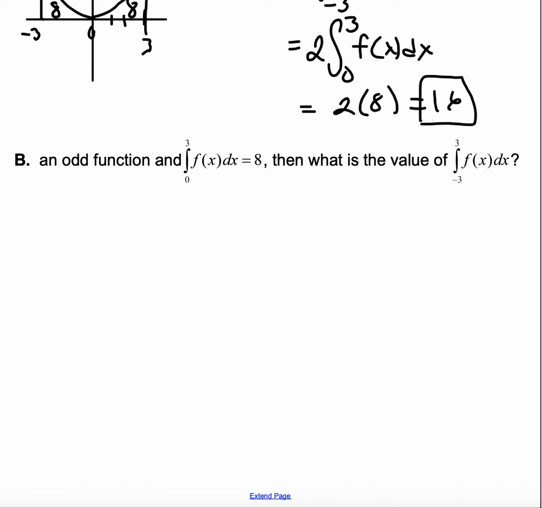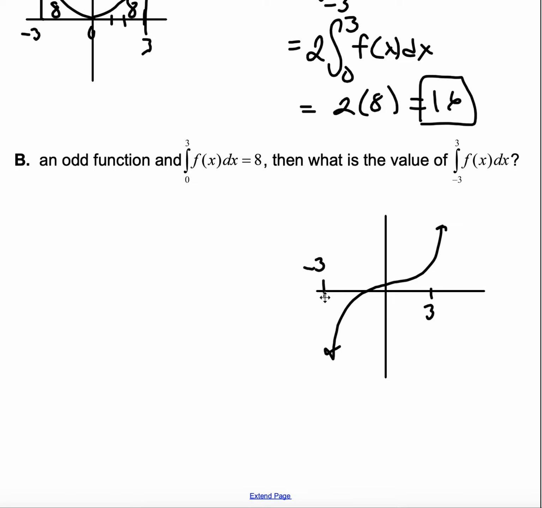Okay, for odd functions, what do we have? What if I was to draw an odd function? They don't tell us what it is, but the most basic odd function I could think of is the cubic. Let's just say this is 3, and this is -3.